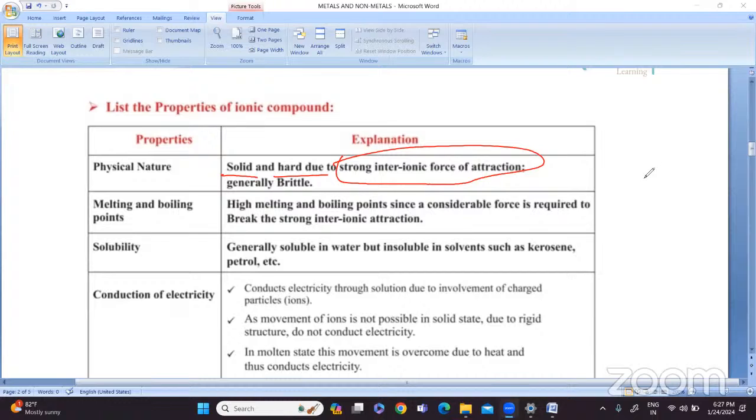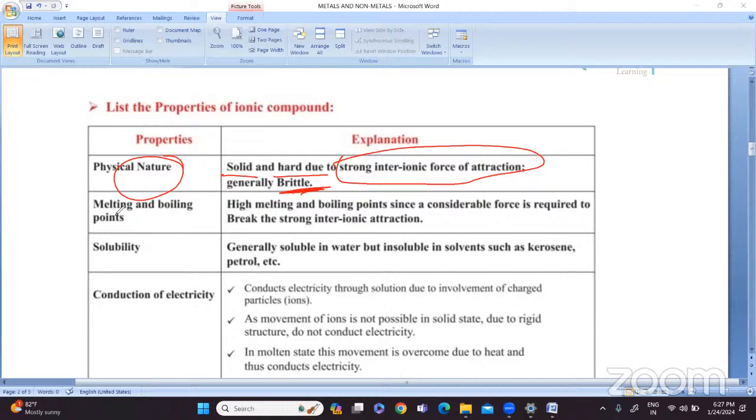Because of these interionic forces of attraction, the compounds are hard, solid and brittle. These compounds are generally brittle in state.